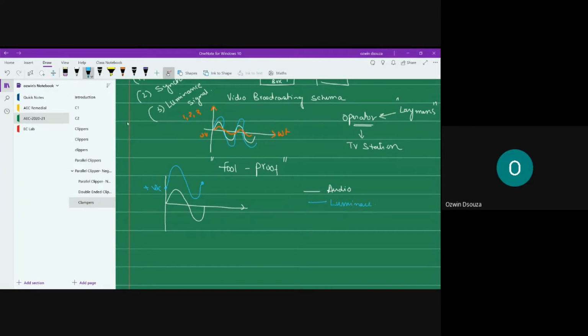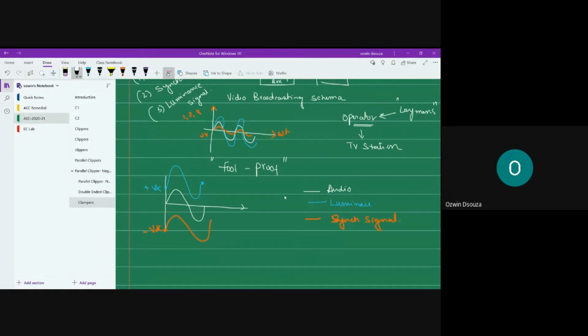Suppose your synchronous signal is being broadcast at a minus VDC level. This is the sync signal, and the operator can easily distinguish the three signals.